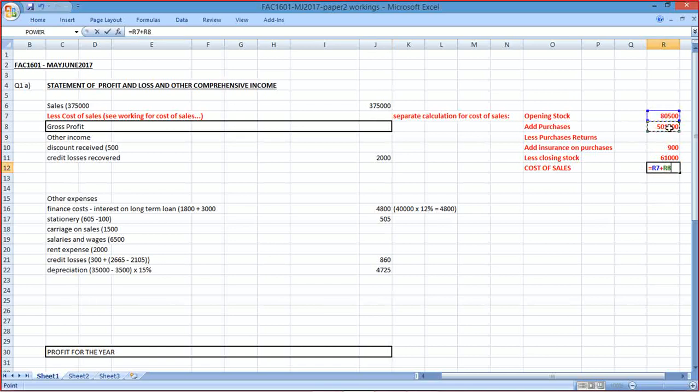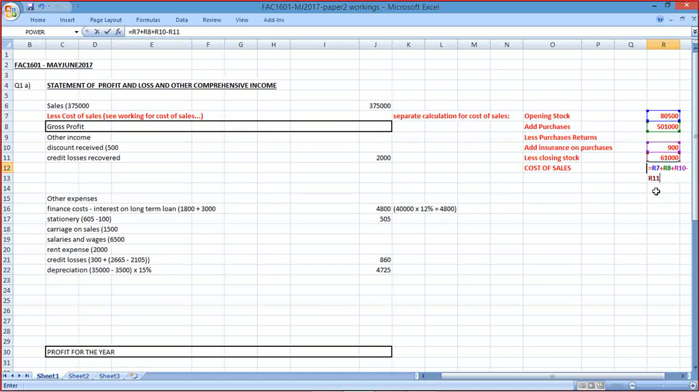Okay, my opening and closing stock. Let's see what I get. Opening stock plus purchases. No returns in this question. Plus the purchases on returns. Insurance on purchases. No purchases returns. Okay, and then minus closing stock.